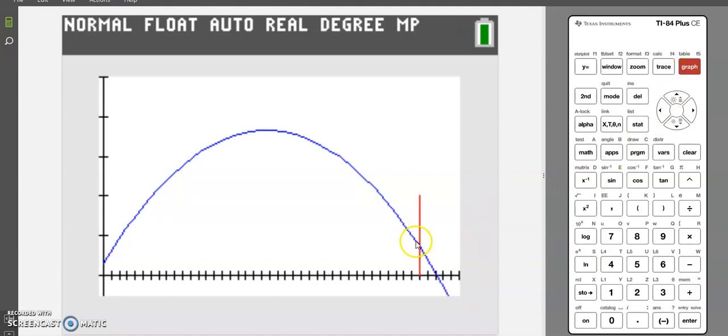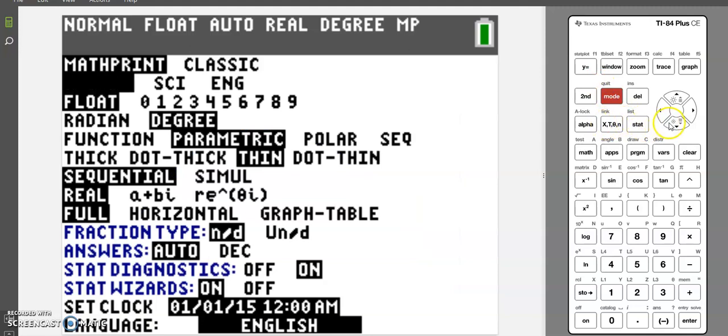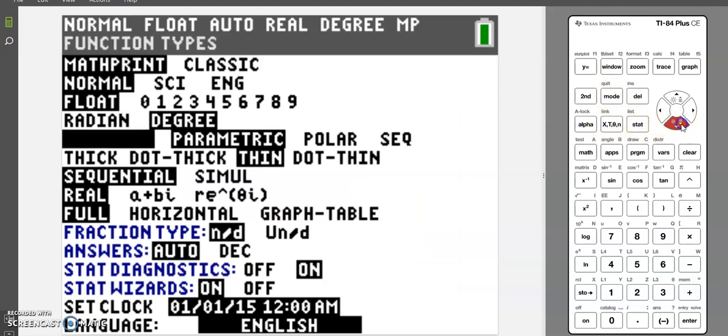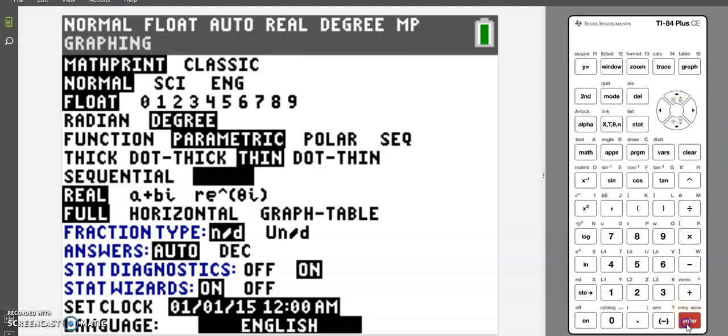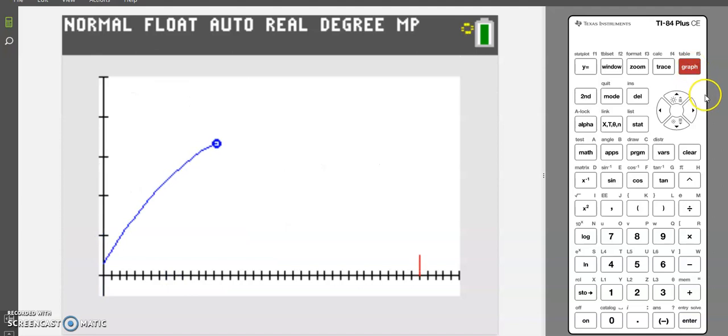Well, you can see that it clearly didn't hit that, but I don't really like the fence coming in there afterwards. How can I get the fence to be there earlier or before? Well, we could make it the first thing we graphed, or in mode, you can go down here and see it says sequential. We can go simultaneous, which means it'll graph both graphs at the same time. Let's take a look at that. So you can see there's the fence growing, and it took a while for it to get up there.